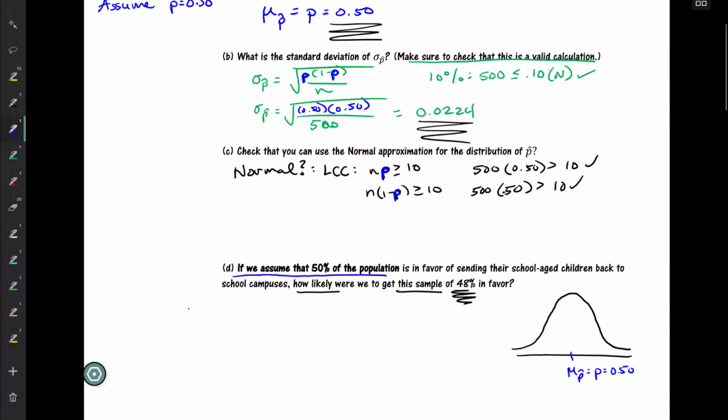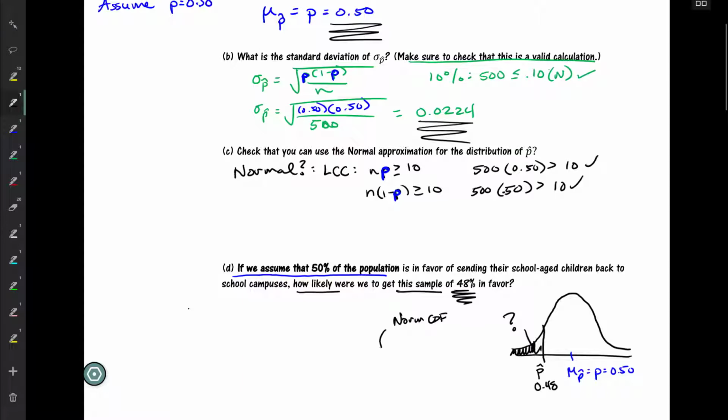Now, what do we want to see? Well, what did we get in our sample? How does our sample compare to what we should expect to see based off of this assumption? Our sample p hat was 0.48, so it was somewhere below the mean, and we want to see how likely we were to get this or something even more extreme. To do that, we would go to a norm CDF calculator.